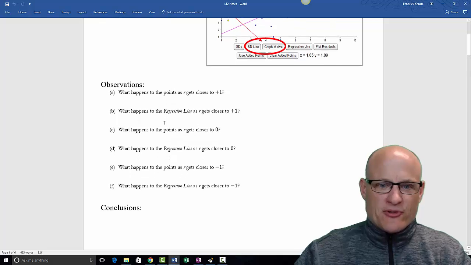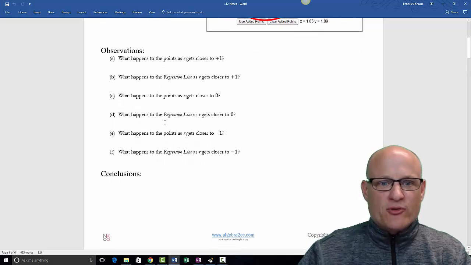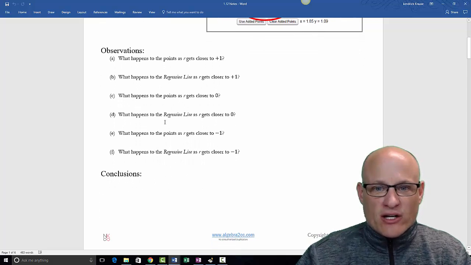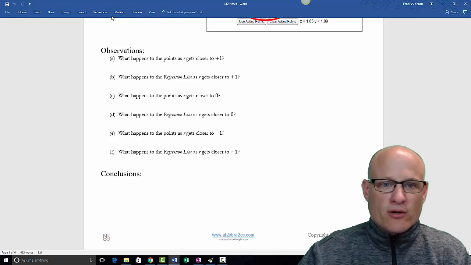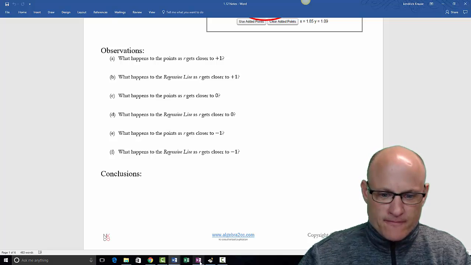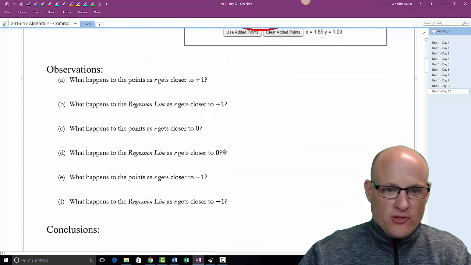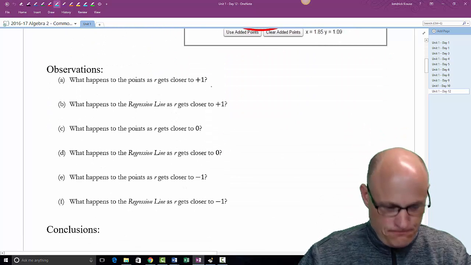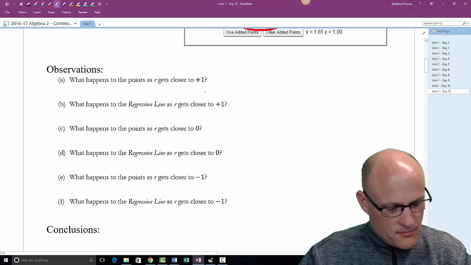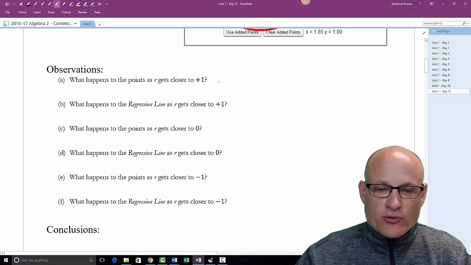So what happens to the points as r gets closer and closer to 1?